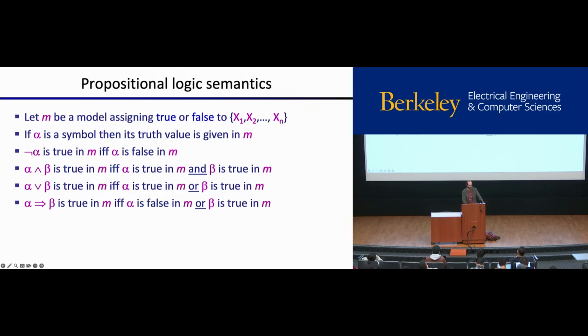This, alpha implies beta, can be a little less intuitive. Alpha implies beta is true in M if and only if either alpha is false in M, or beta is true in M, or both.